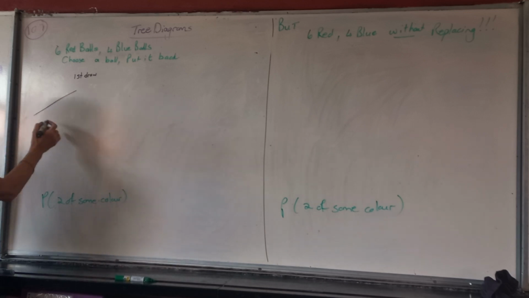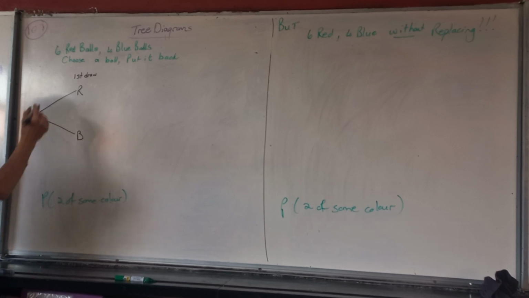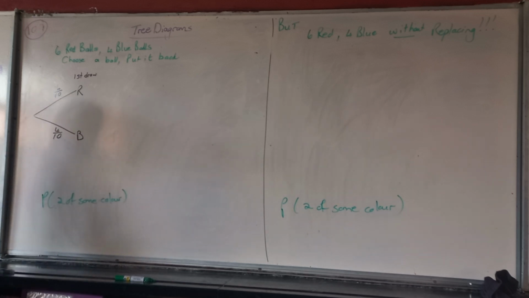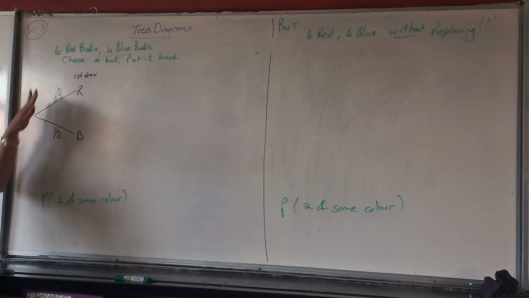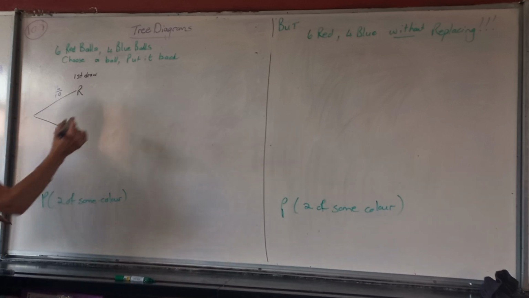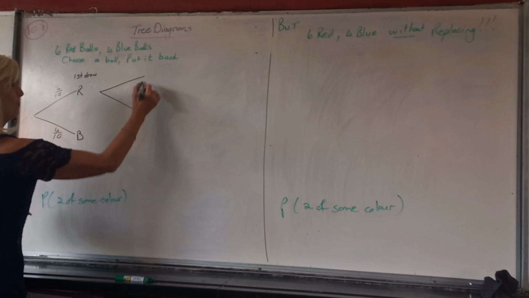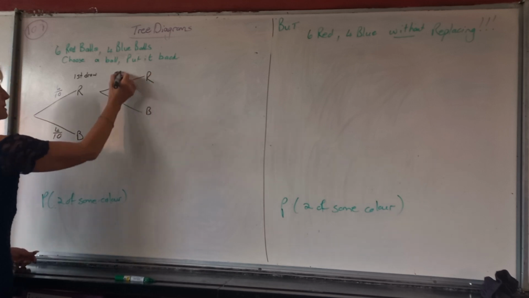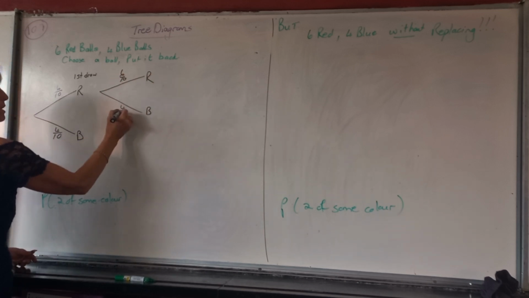The first one that I draw out can either be red or blue. Are you with me? The redness is going to be 6 out of 10 and 4 out of 10 for the blue ones. Please don't simplify so that you can see them adding up to 1. Then the second ball that I draw can still be red or blue, and it will still be 6 out of 10 and 4 out of 10.